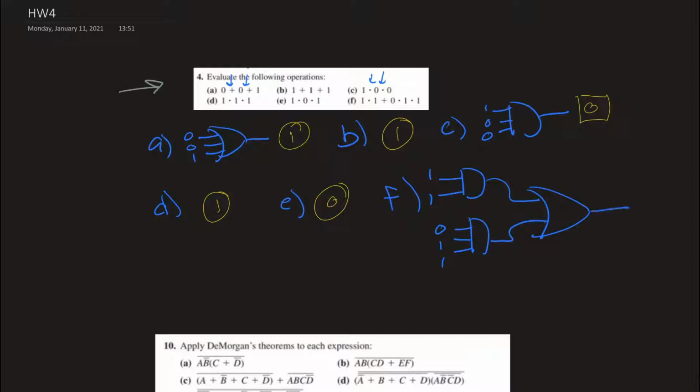And so what would our output be here? Because notice, we have these two ANDed, we have these two ANDed, and then the two of them here are ORed together. Well, the output of this AND gate here would be a 1, because all of its inputs are a 1. The output of this AND gate would be a 0, because one of its inputs is a 0. And finally, if we OR a 1 with a 0, we get a 1 at the output. And so the output of F would be 1.